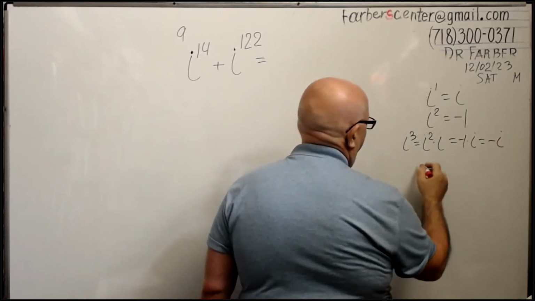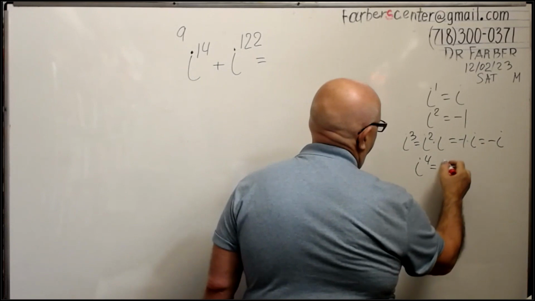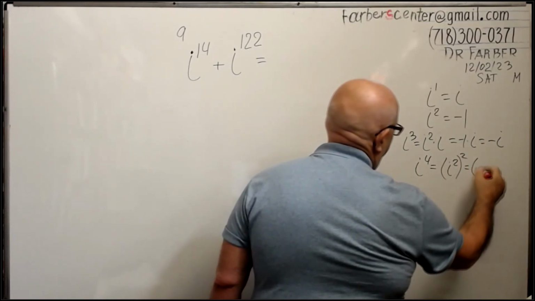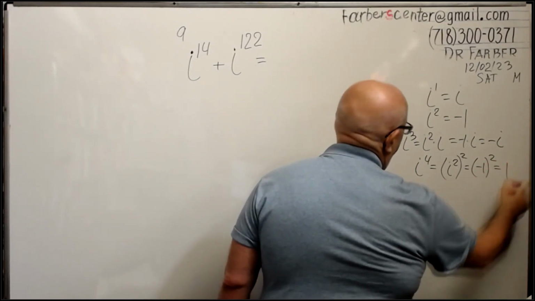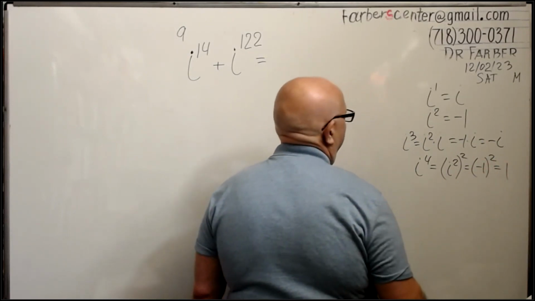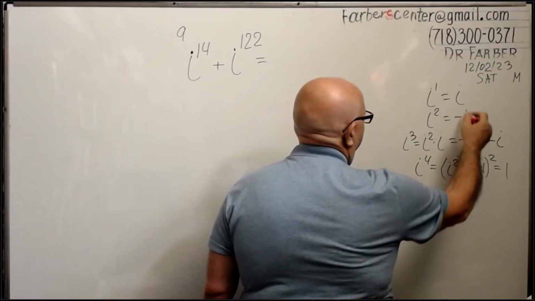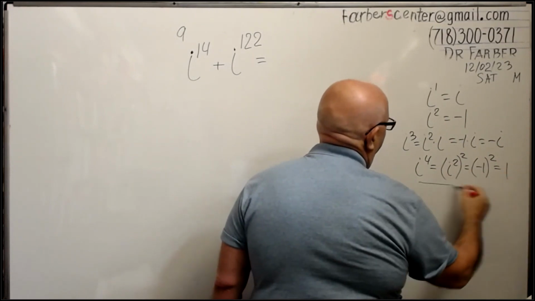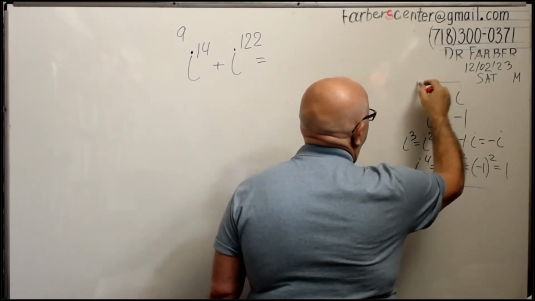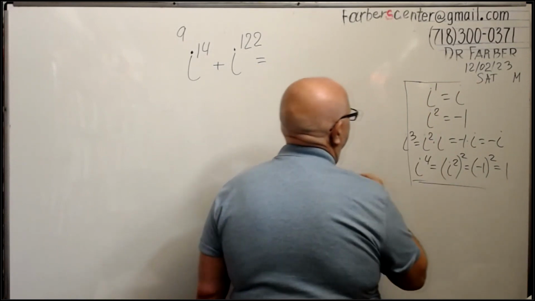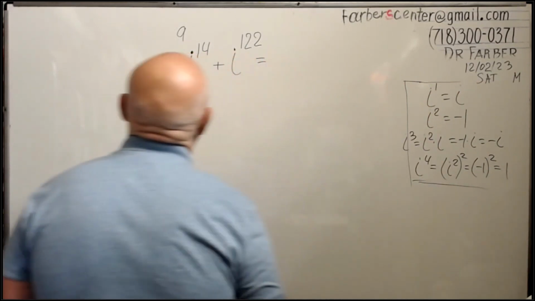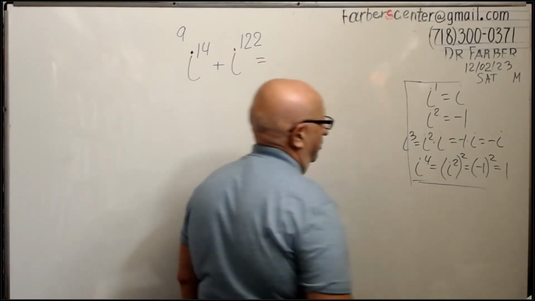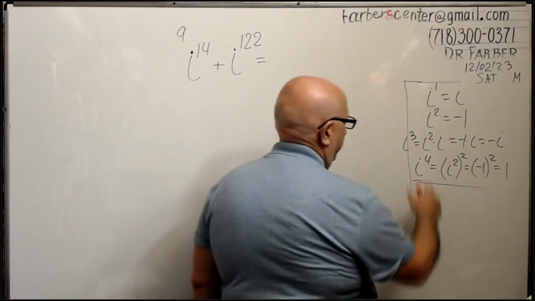And finally, i to the fourth equals i squared squared, which is negative 1 squared, which is 1. And we have this relationship: i, negative 1, negative i, 1. And it keeps going. This pattern is not necessary to memorize. When you have this problem, you can easily restore it in your brain. And what is good, any power that is a multiple of 4 gives you 1.